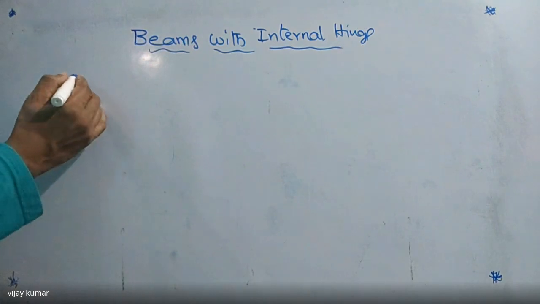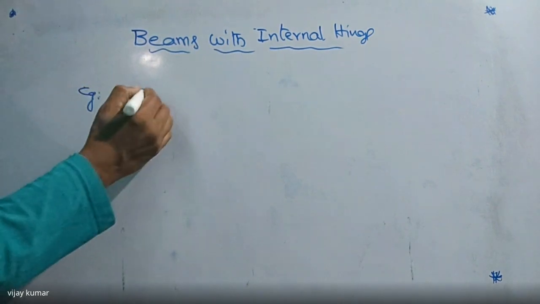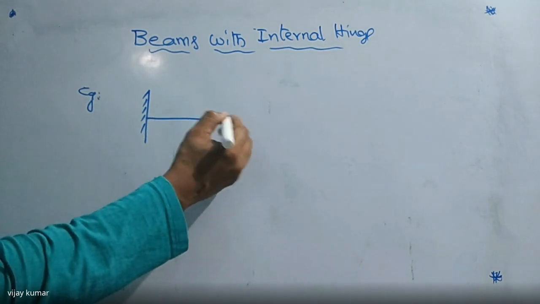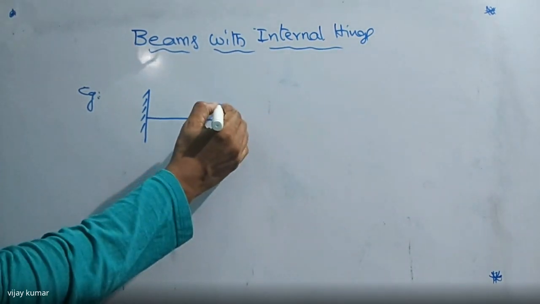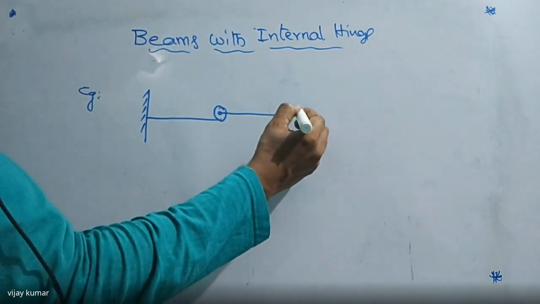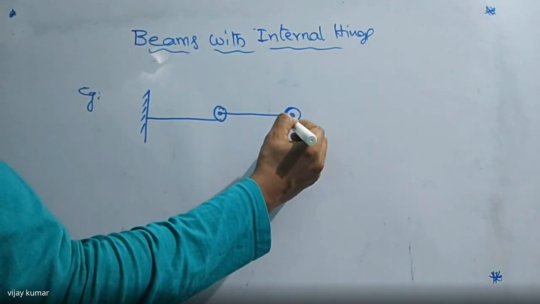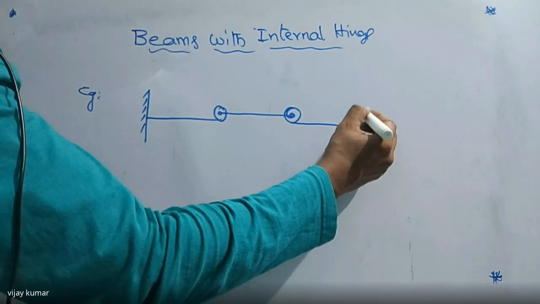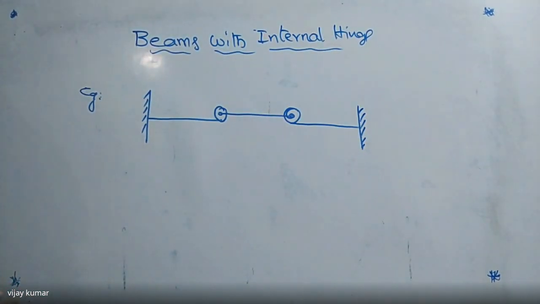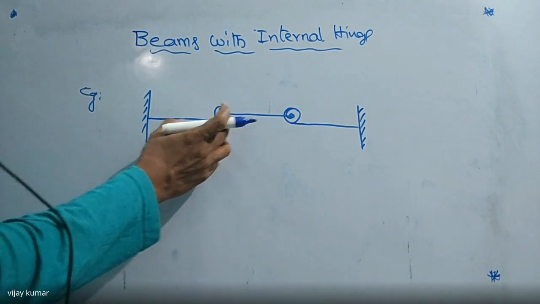So this is another example which was given in the examination. This is one beam which is cantilever. It is also hinged here, and hinged here, and hinged here.